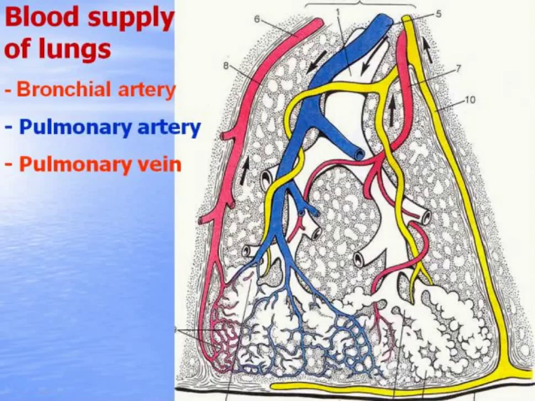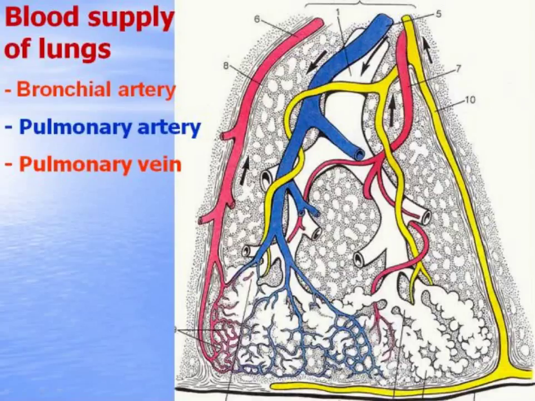There are two sources of blood supply. Through the bronchial artery, blood provides nutrients and oxygen to lungs, and another belongs to the small cycle of blood circulation.